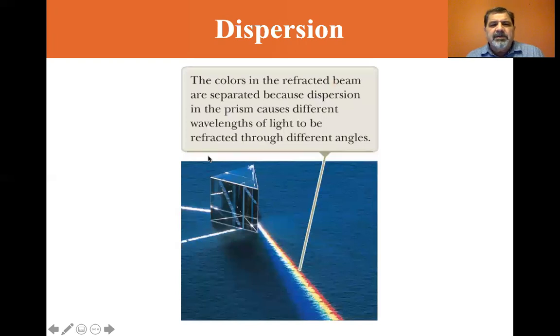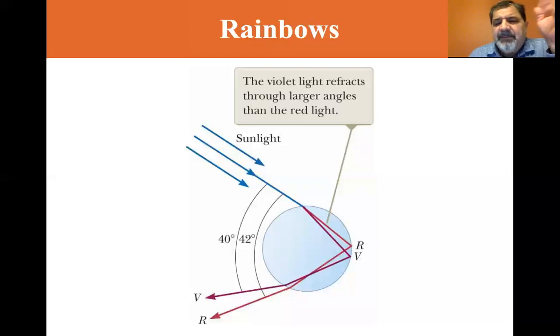White light contains all colors of the spectrum. The colors in the refracted beam are separated because dispersion in the prism causes different wavelengths of light to be refracted through different angles. The same thing happens with a rainbow. You have the sunlight coming through the droplet, and there are multiple factors going on here.